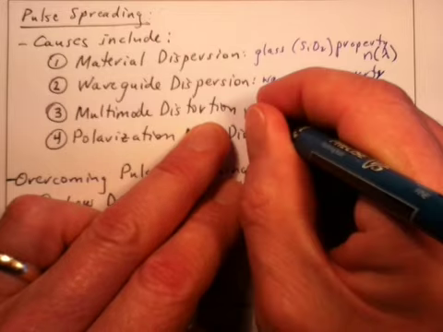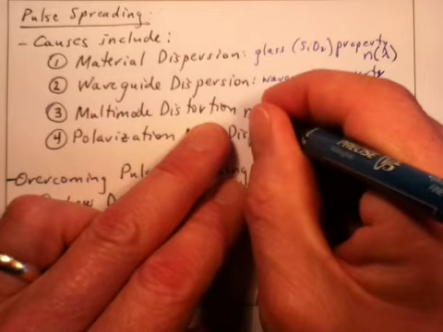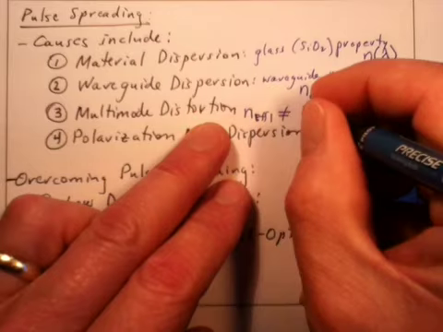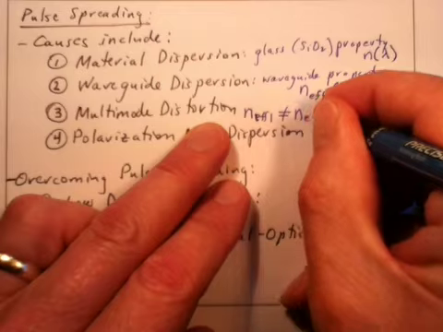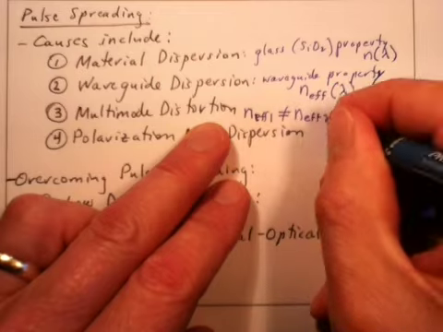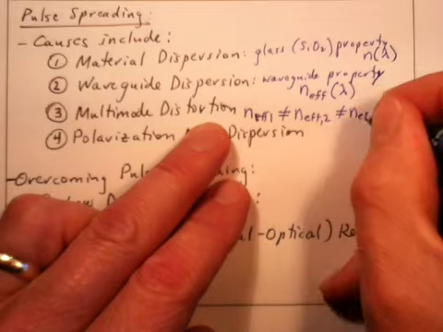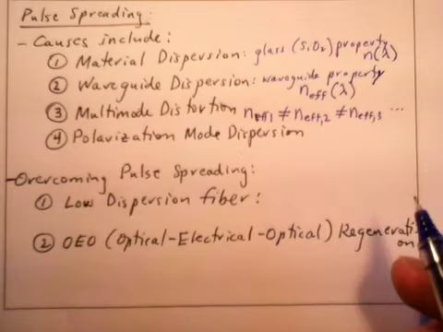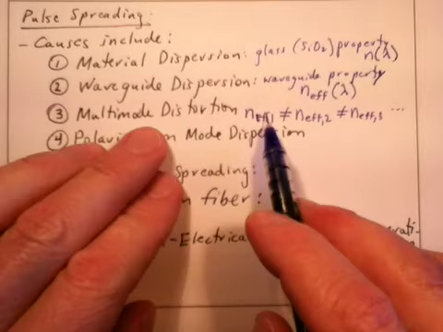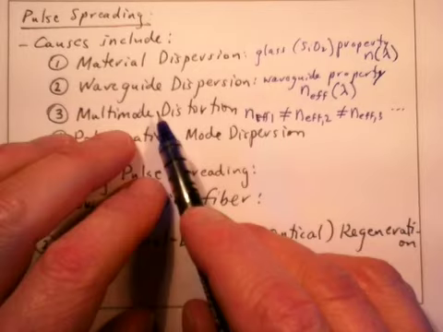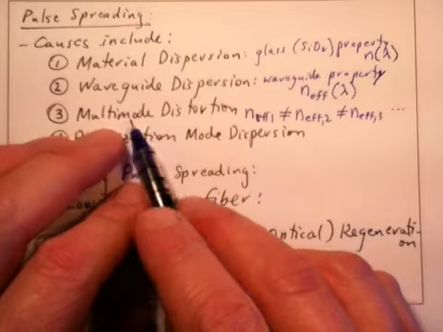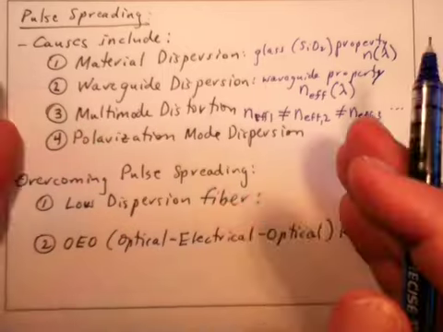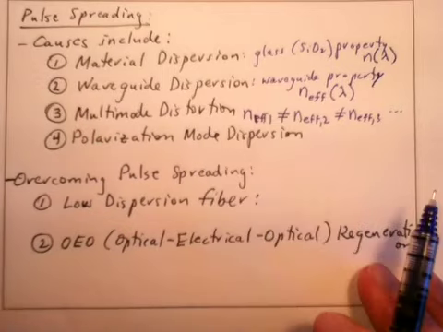So the effective index of mode number 1 doesn't equal the effective index of mode number 2, and that's not equal to the effective index of mode number 3, etc. Okay, so a single pulse may actually propagate in multiple different modes in that fiber, all arriving at the output at different times, and that distorts the pulse as well.